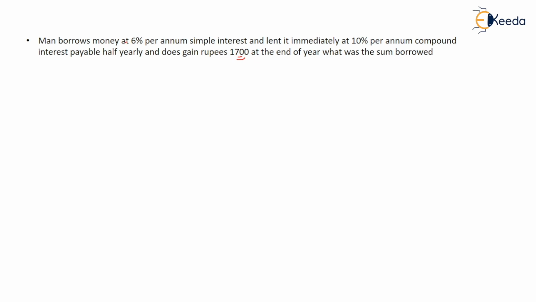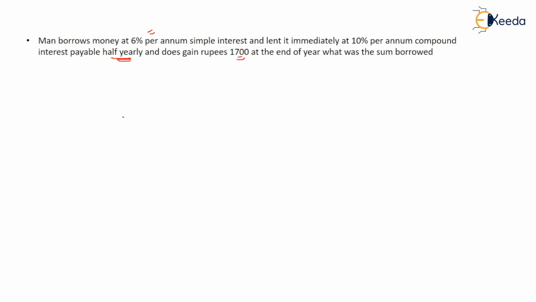Okay, so he went to the bank and took a loan at a rate of 6% per annum. And while coming back, he immediately gave that money to some other person at a rate of 10% per annum, compounded half yearly. Compounded half yearly is provided to you, and he gains rupees 1700 at the end of the year. What was the sum borrowed?